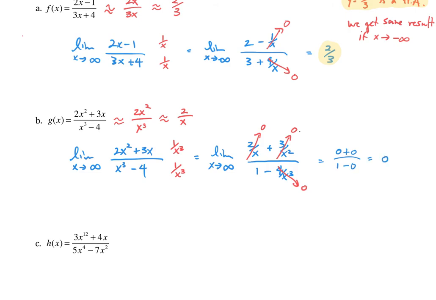That just gives me 0, and that's going to be my answer. So we have a horizontal asymptote at y equal to 0.